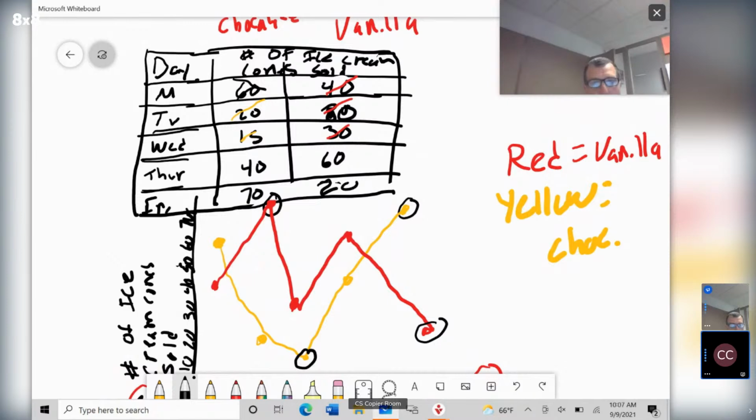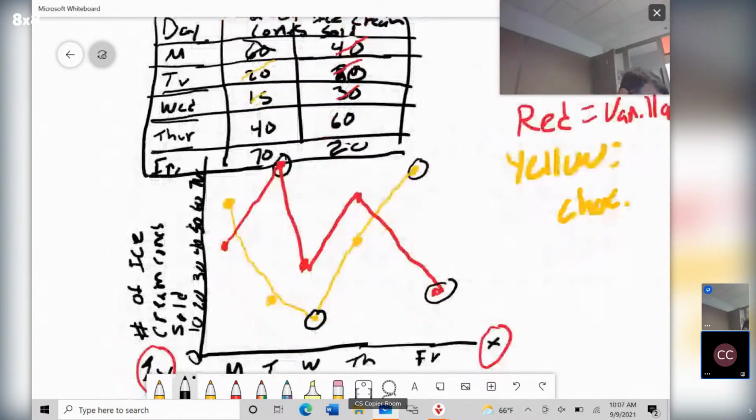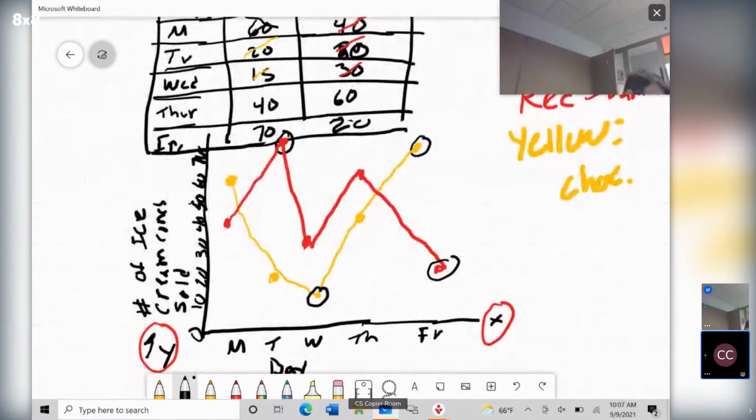But everything else on the graph is the same. Remember, on our x-axis, which is the bottom, we just put the days of the week, Monday, Tuesday, Wednesday, Thursday, Friday. And on the y-axis, the one that goes up and down, we plotted the number of ice cream cones.